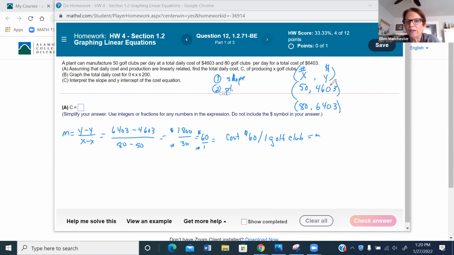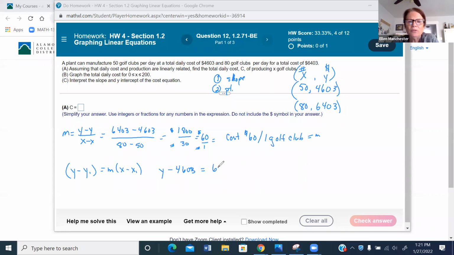Now we have a point, and we can pick either set. It doesn't matter. So the next step is we're going to use point-slope format. Remember this equation, the point-slope equation? It's y minus y1 equals my slope of 60 times x minus x1, and it doesn't matter which set I use, just as long as I use the same set.